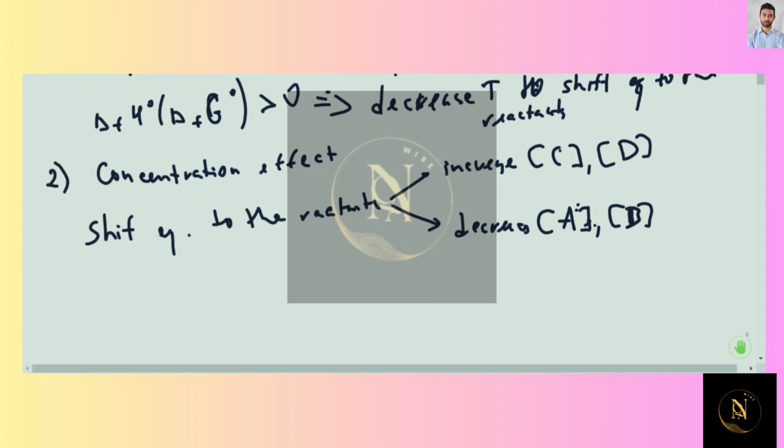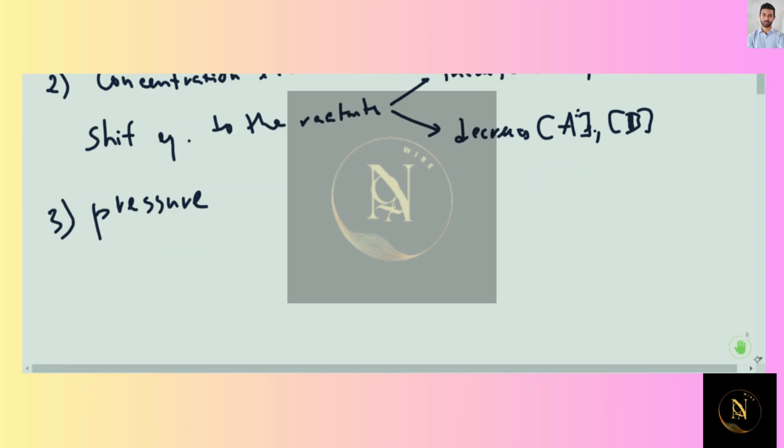And the last factor which affects is pressure. So, to determine whether pressure has an effect at all, we first have to say that if there are no gases in the system, then pressure has no effect on the position of the equilibrium.